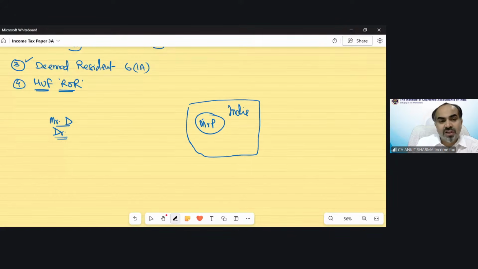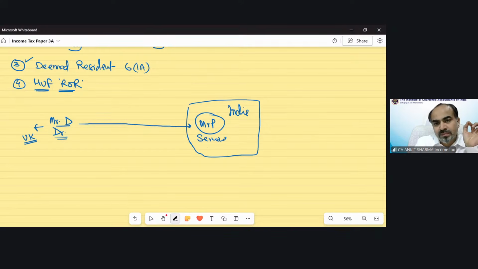And for that surgery, Mr. D, who belongs to, suppose, UK, the hospital called Mr. D for that surgery of Mr. P in India. And Mr. D provided his services in India. For those services, he charged, suppose, 50 lakh rupees. This 50 lakh is Mr. D's income.